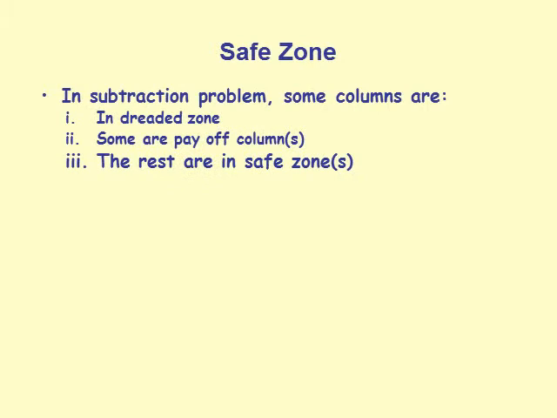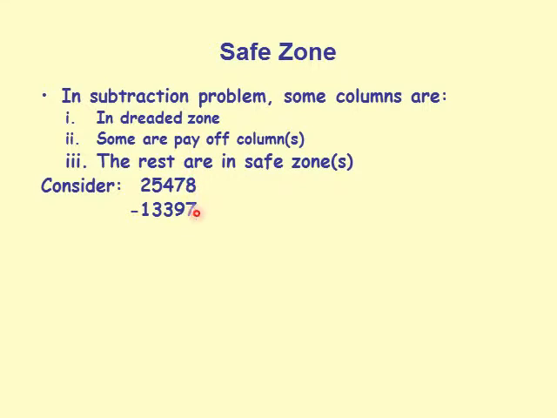Let's look at the safe zone now. In subtraction, we have the dreaded zone we discussed already, and some payoff columns, and anything left over, the rest are all in the safe zone. They are all safe columns. Okay. So consider 25478 minus 13397.